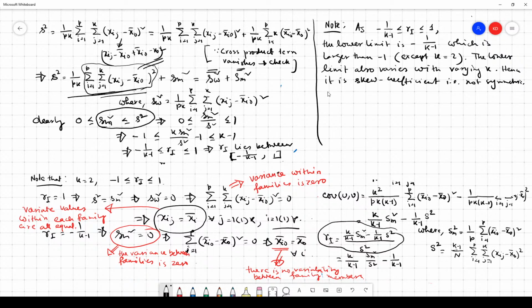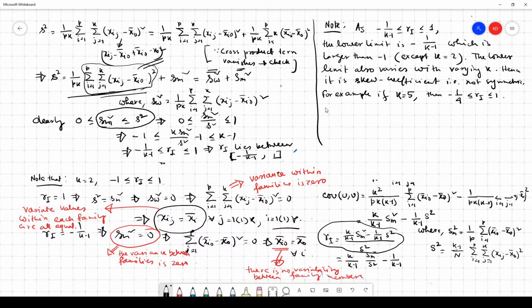For example, if k equal to 5, that is the family contain only 5 brothers, in that case Ri should lie between minus 1 by 4 less than equal to Ri less than equal to 1.